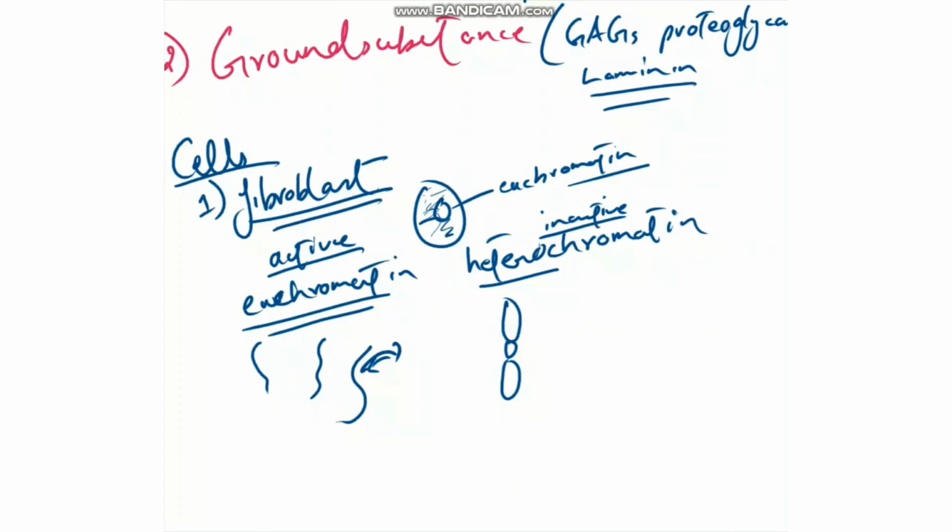As we've studied, the fibroblast is in an active state, so it has the euchromatin, which is being transcribed into, for example, the mRNA, and then the mRNA goes into the ribosomes and produces proteins and other stuff. So in an active state, it would be secreting something, right?